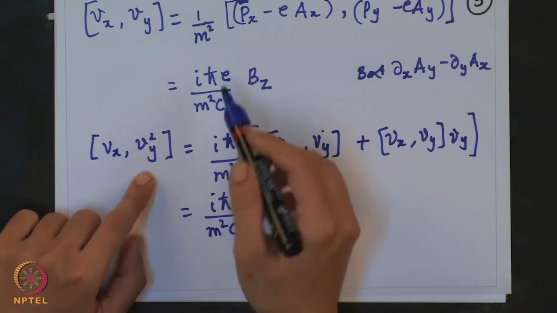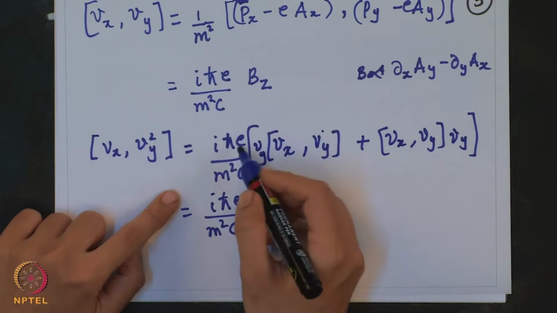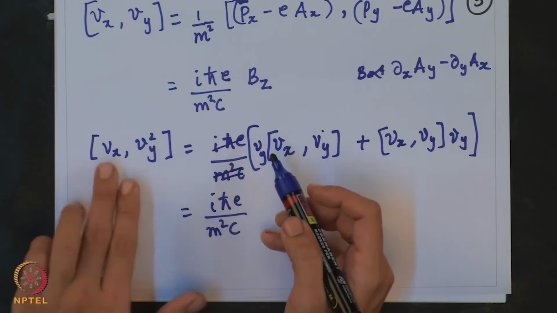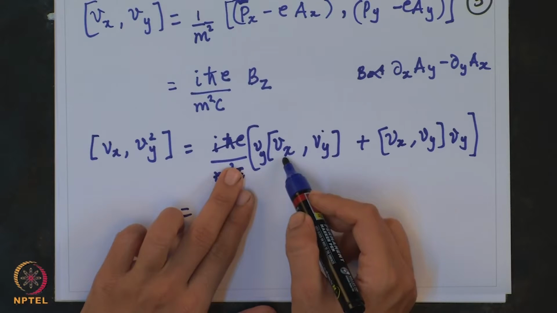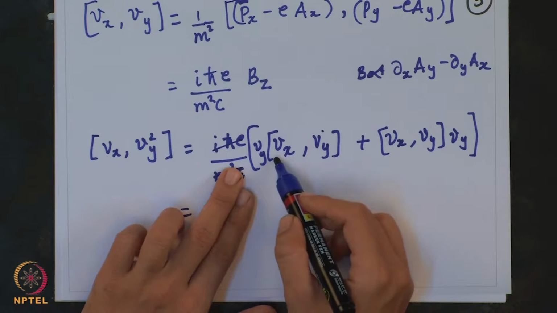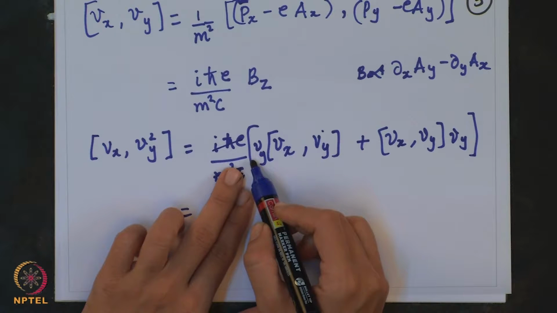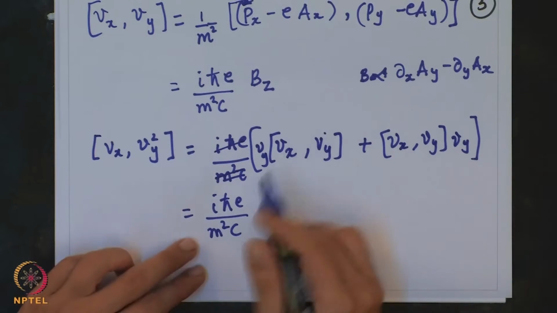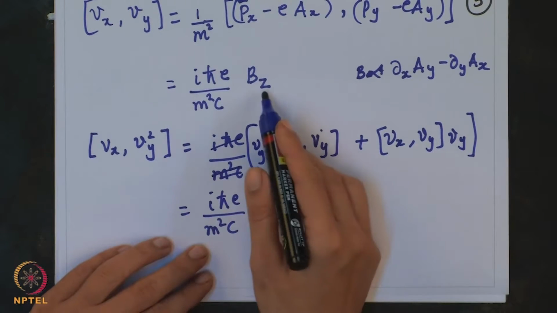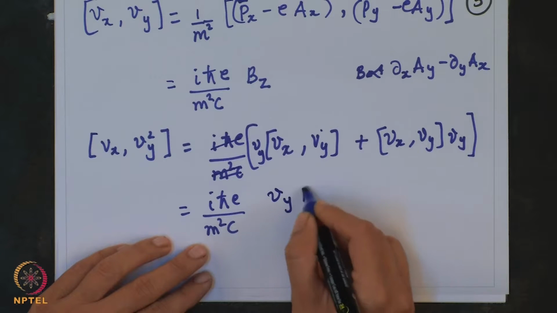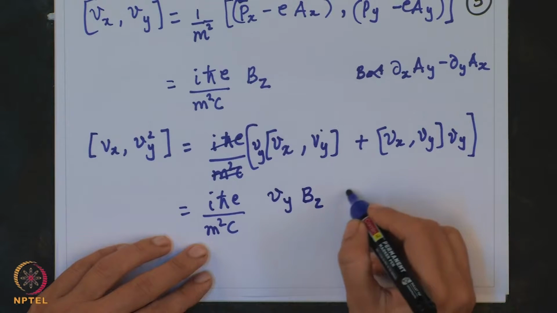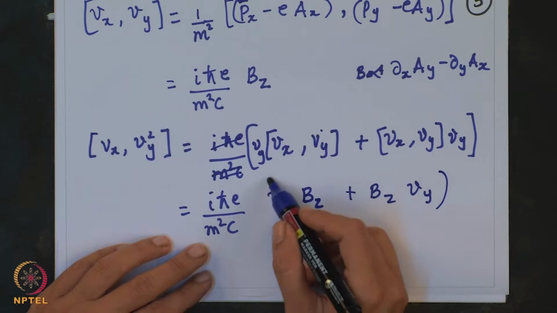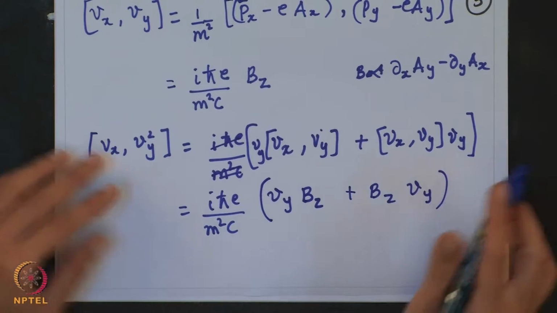This will be written as V_y [V_x, V_y] plus the commutator of V_x with V_y on the left, the commutator of V_x with V_y on the right. So, after substitution you get B_z. So, V_y B_z plus B_z V_y. This is what you obtain on substitution.